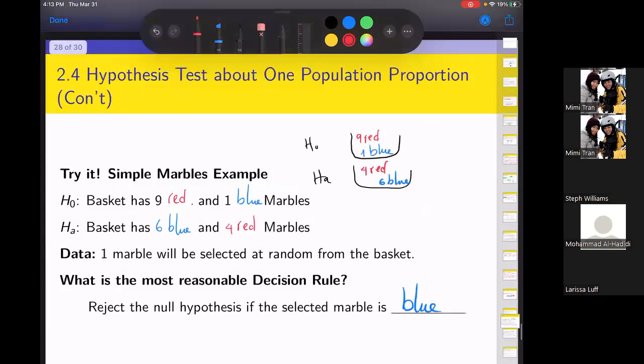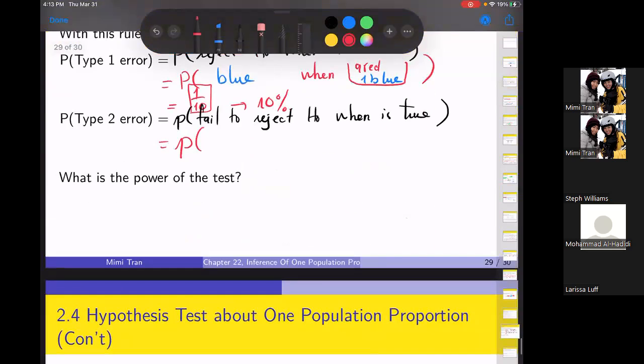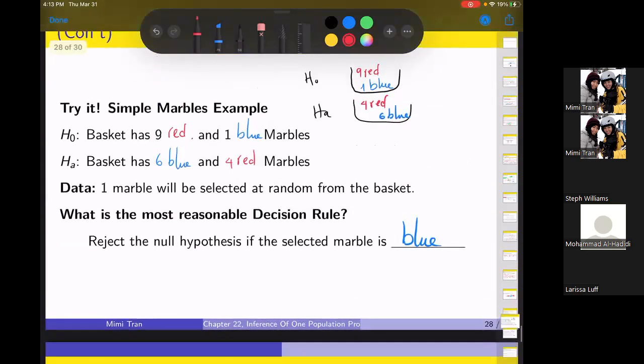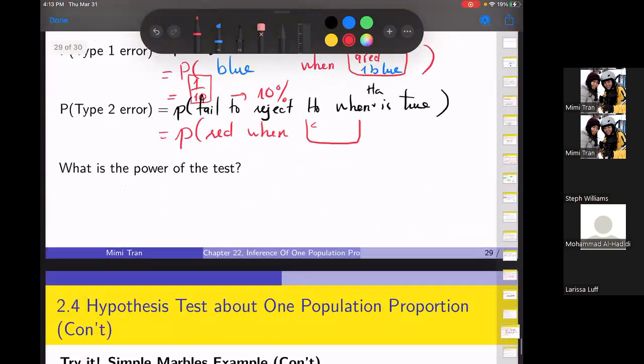So you're going to pick a red when HA is true. HA is the basket that has 4 red and 6 blue. So what is the probability you're going to pick a red marble out of those 10 marbles in the HA basket?